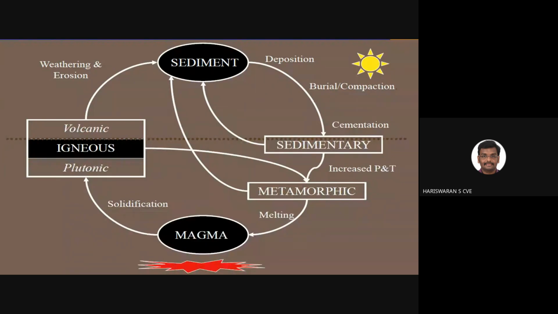Then, based on external actions such as changes in temperature and pressure, the rock surface gets weathered, undergoes erosion, and everything is transported from one place to another, going through repeated deposition and forming a new type of rock.